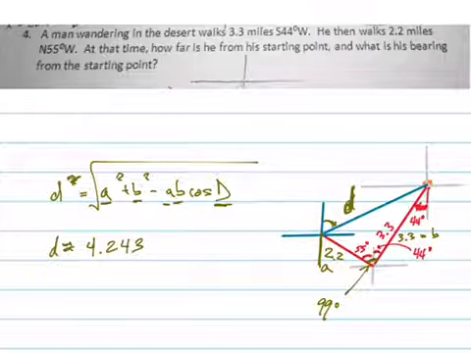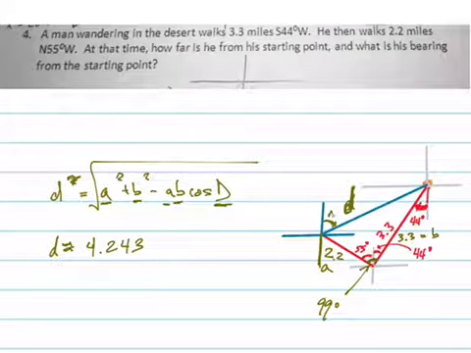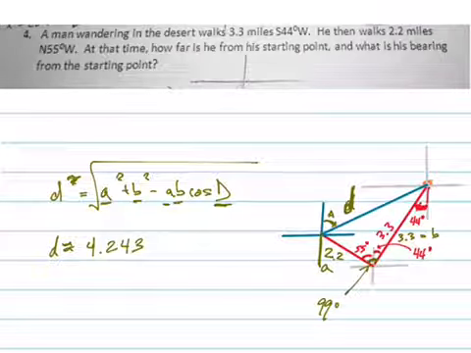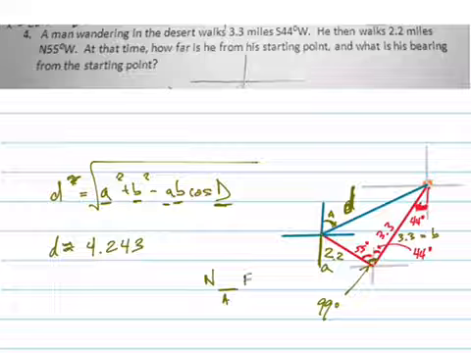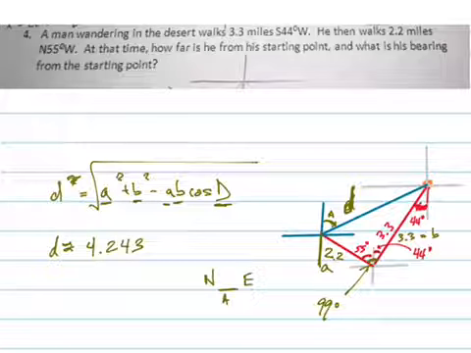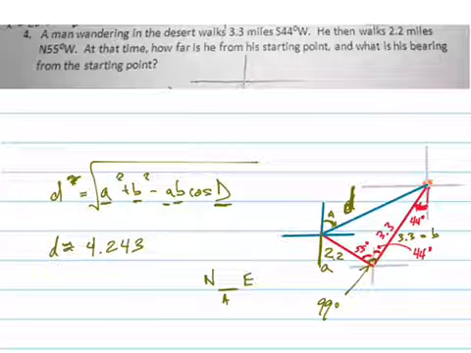Let's call that angle A. Have I used A yet? I don't think so. We're going to say that he is north, whatever A is, east. That's the angle we're talking about, that he's going back. To find that, I have some other values over here. I can find this angle.